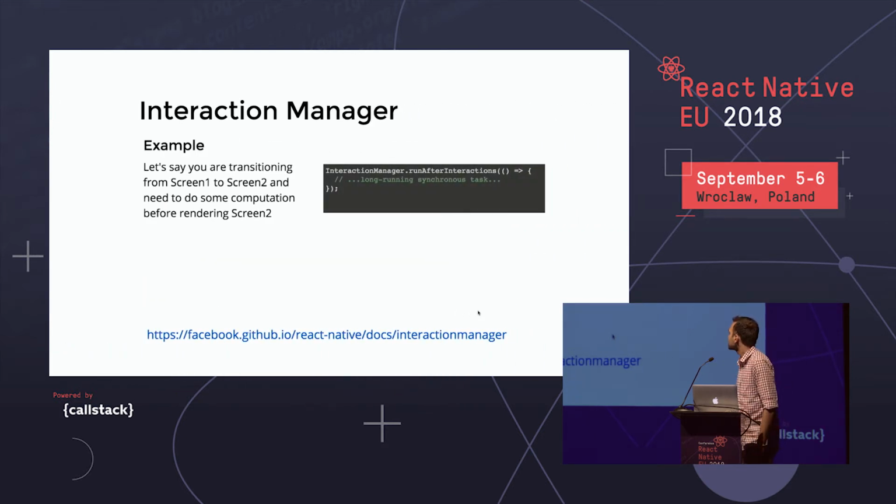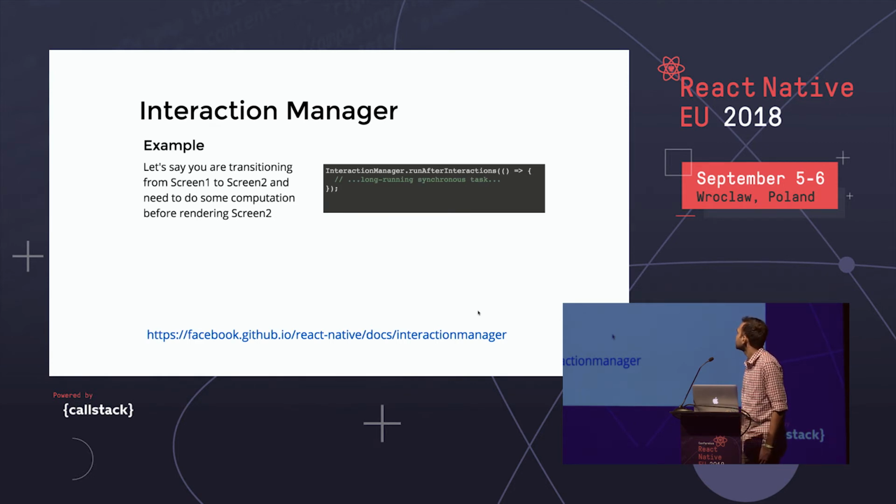Another use case would be, let's say, your Animated API does not solve all your use cases in your app. So you might want to use another API called Interaction Manager. There's a method called runAfterInteractions. So let's say you're transitioning from screen 1 to screen 2, and you need to do some computation on screen 2 in your JavaScript and keep passing it to the native side.